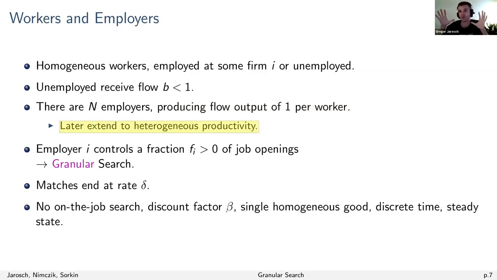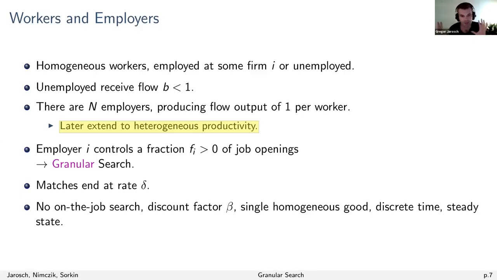Now, first twist: these employers, labeled by i, control a potentially strictly positive fraction of the job openings that roll into town. That's why we chose the label of granular search. So these workers search across granular, non-atomistic firms. The rest is just standard assumptions. Matches break at some rate, then the worker flows back into unemployment. There's no on-the-job search.